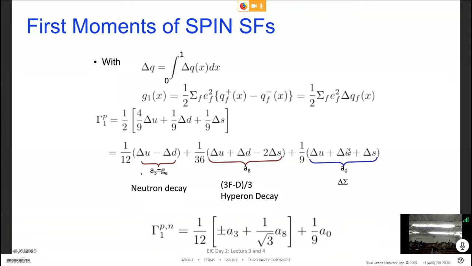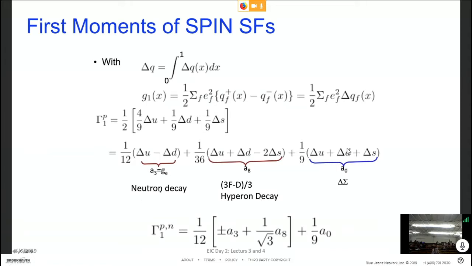And you arrange this, and you can write it as delta u minus delta d, plus this factor, which is delta u plus delta d minus 2 delta s, which is another constant in physics. This is a3 or g_A, the weak g_A over g_V. And then there is the a8. And this is the a0, the sum of the spin that we are after.